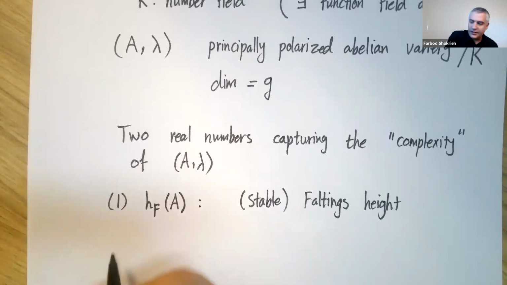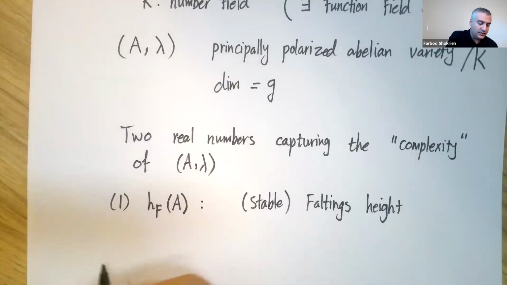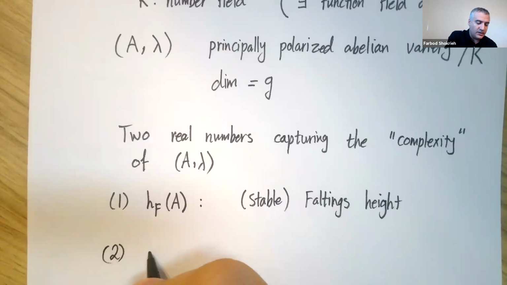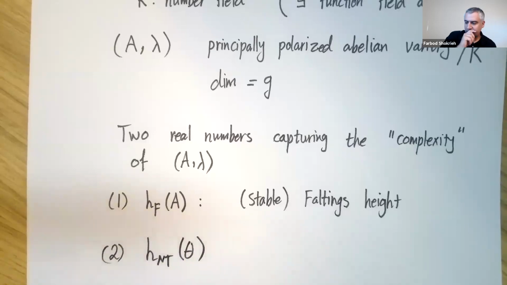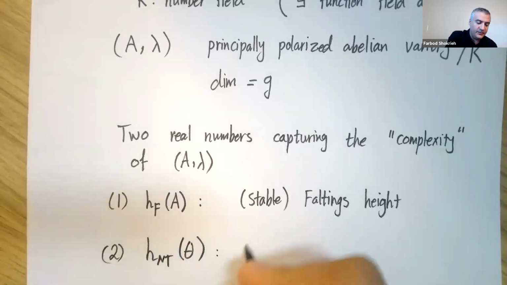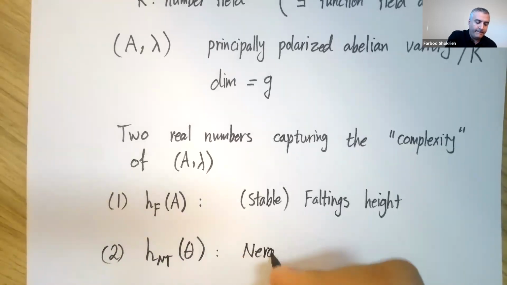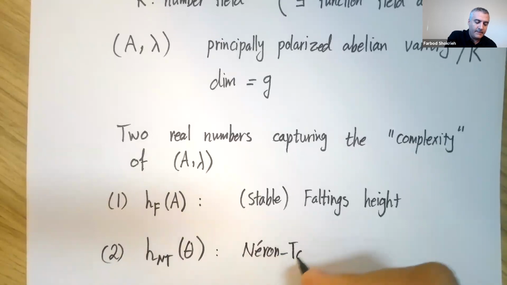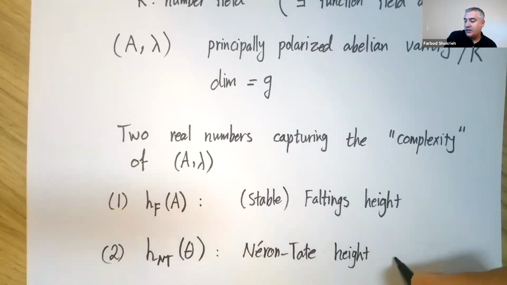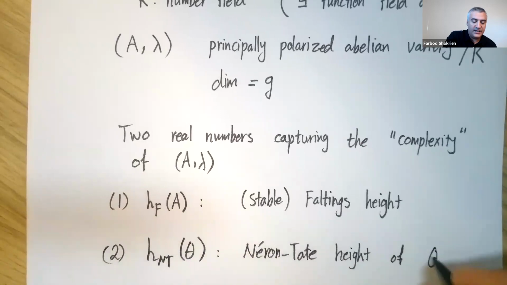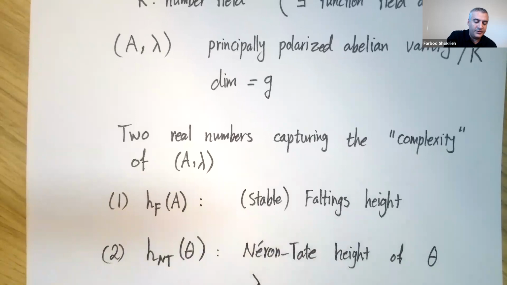And then the second number is the so-called Néron-Tate height of theta. And what is theta? Well, lambda is a principal polarization.